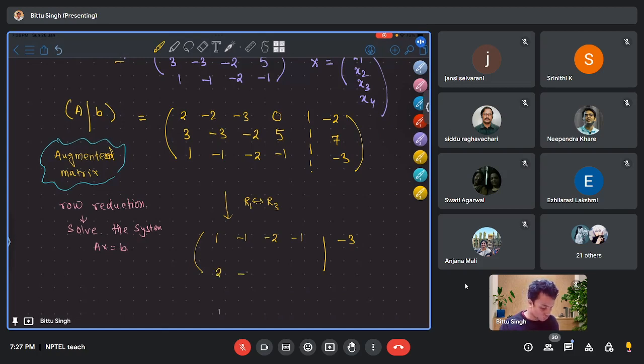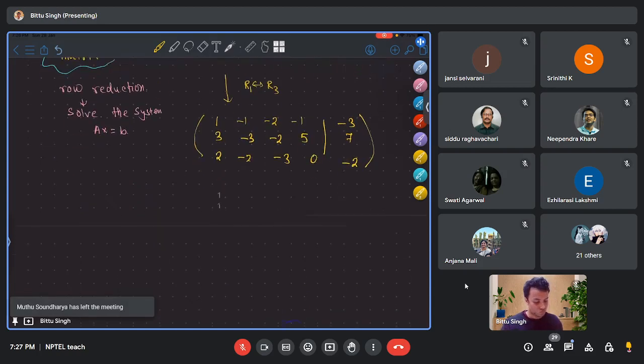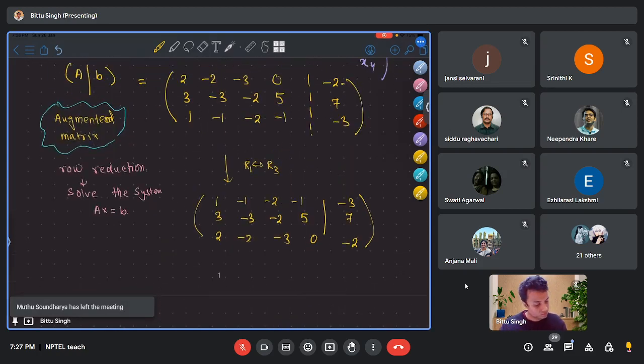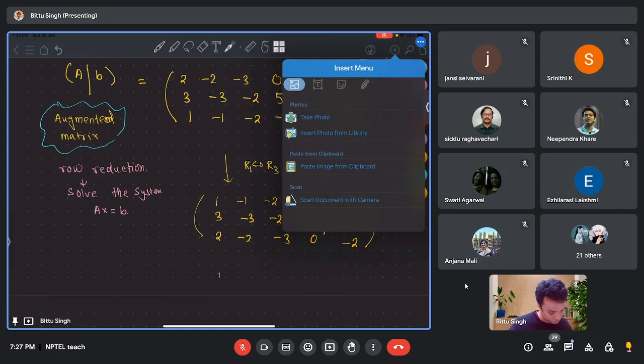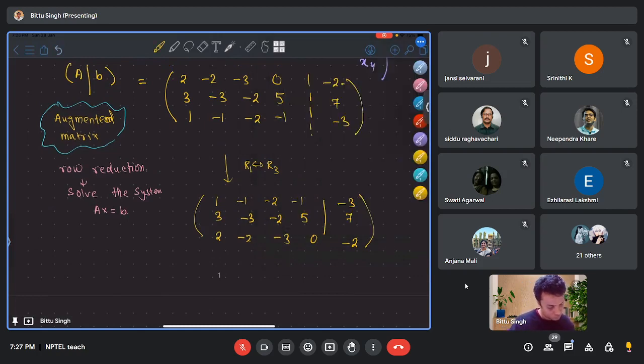R3 is 2 -3 and 0, and this is -2, so here it will be -2. And the middle row is not affected by this operation. So the middle row remains fixed: 3 -2 5. Here it is 7. So what will be the next step? What is the next step?